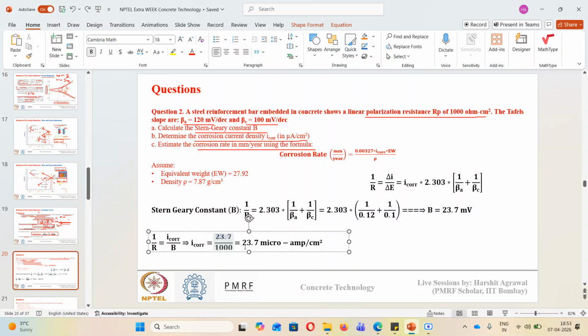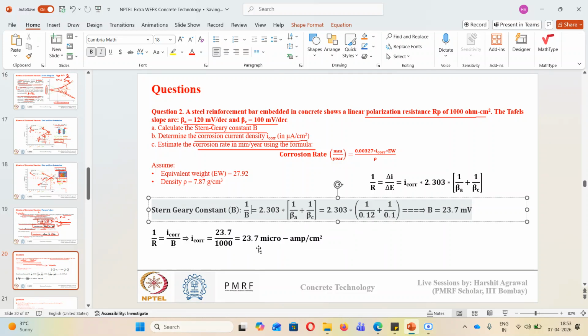So that comes out to 23.7 microampere per centimeter square. So this is my current density.